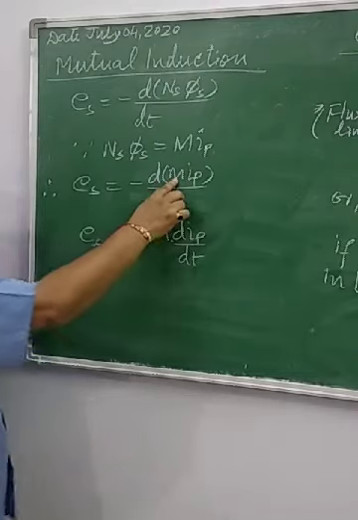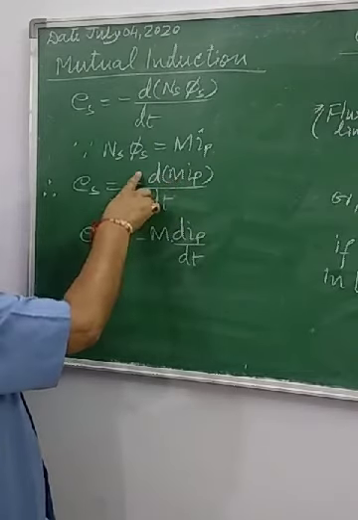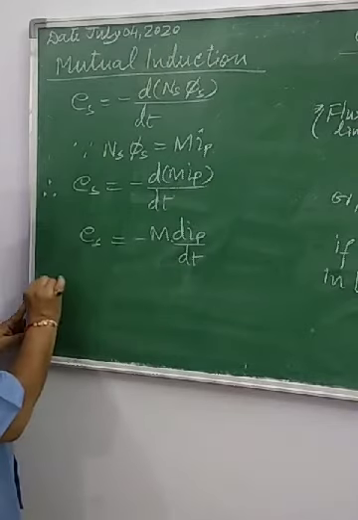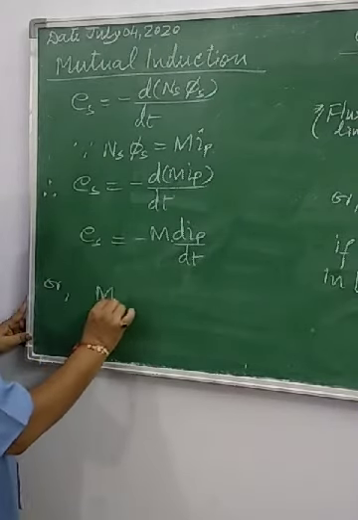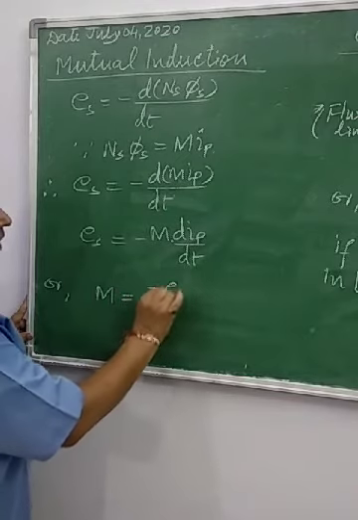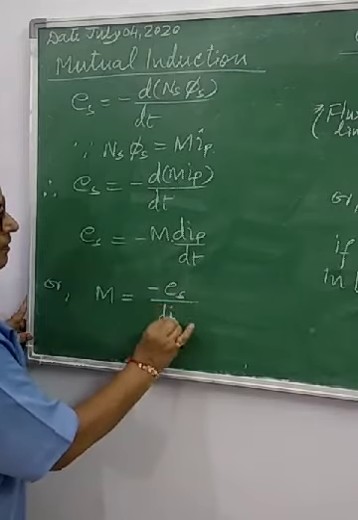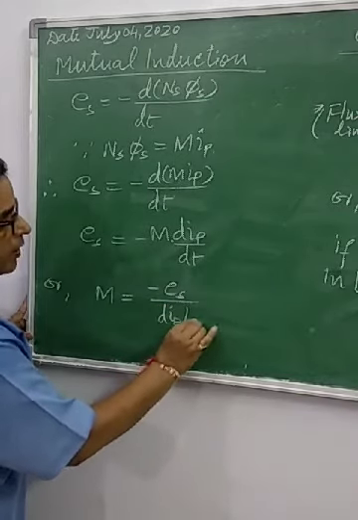M is independent, so we can take it out, so it is like this, or we can write M equals minus E_S upon dI_P by dt.